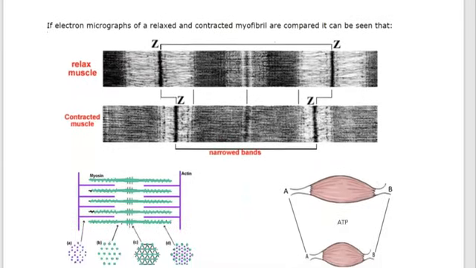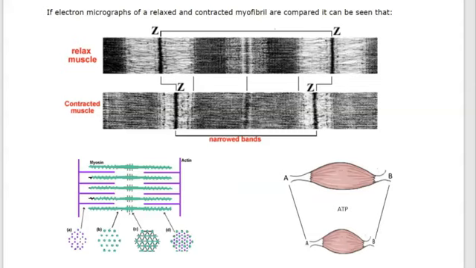When viewed under electron microscopy, rather than at the molecular level, what we observe is that the Z bands, in the relaxed muscle, the Z to Z distance decreases, and we now know that this is due to cross-bridge cycling between the actin and the myosin, with an increased degree of overlap between the actin and myosin here.